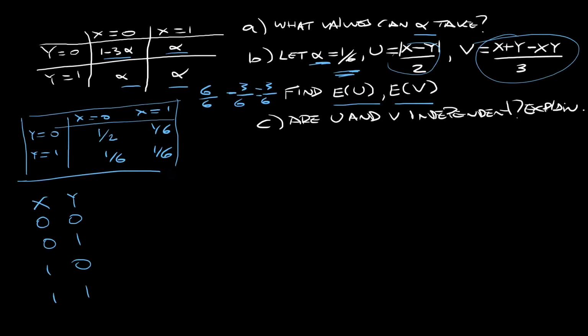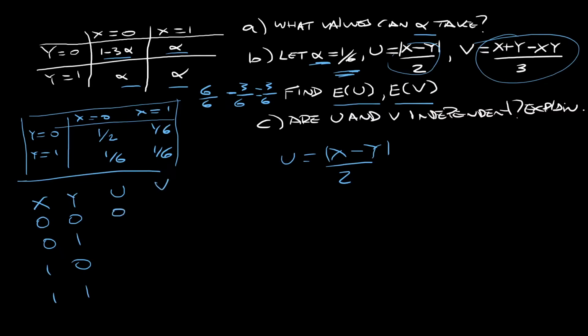These are all the combinations of x and y. Then you use the expression for u to find out what happens between x and y. A good example would be, let's say we're looking at this expression, x minus y divided by 2. What's 0 minus 0 divided by 2? It's 0, right? So that's exactly what we're doing here.